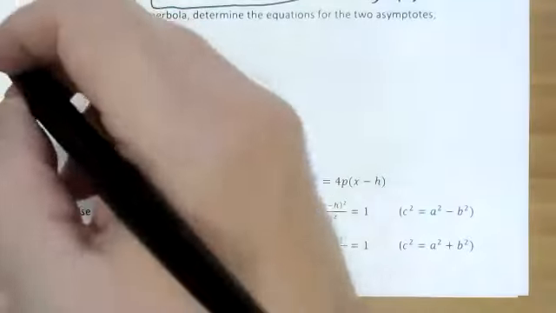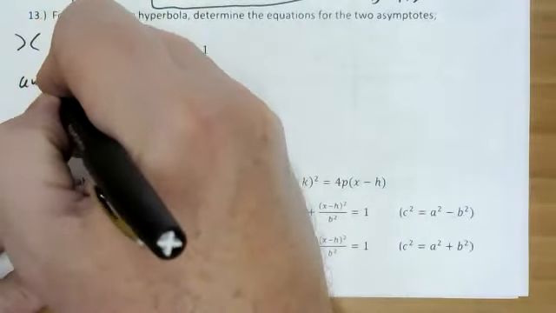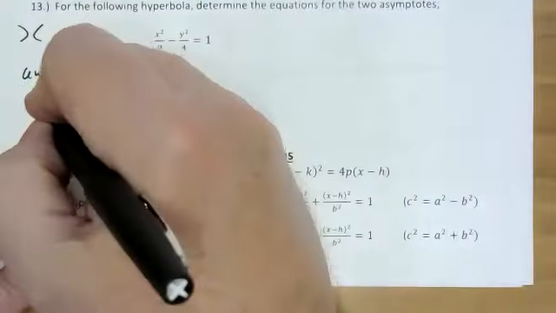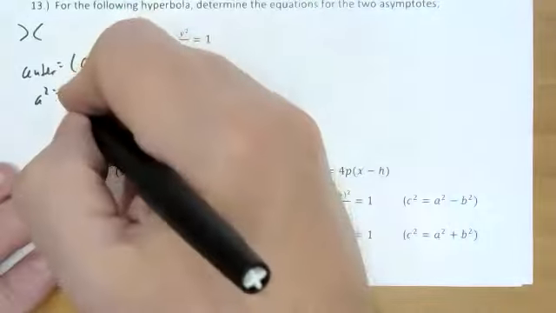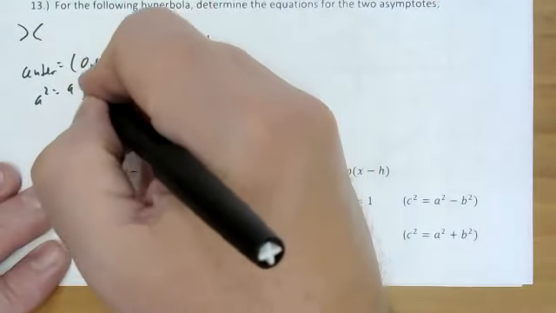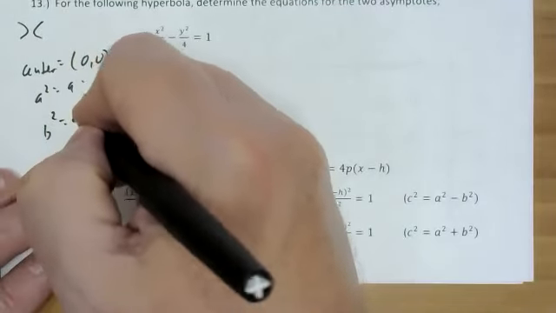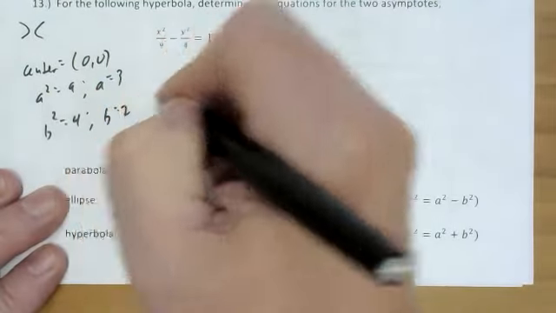So it looks like the center, h, k, is at the origin. A squared is 9, therefore A is 3. B squared is 4, therefore B is 2.